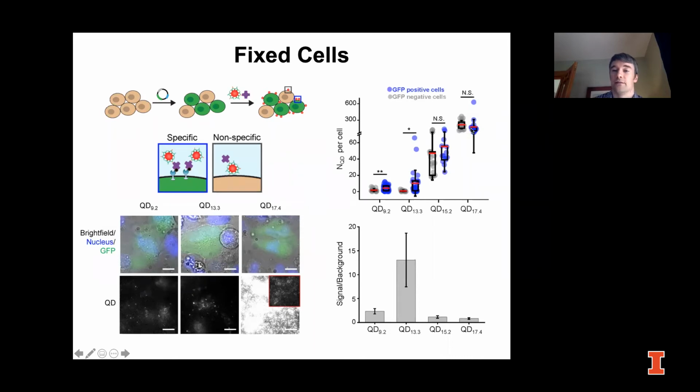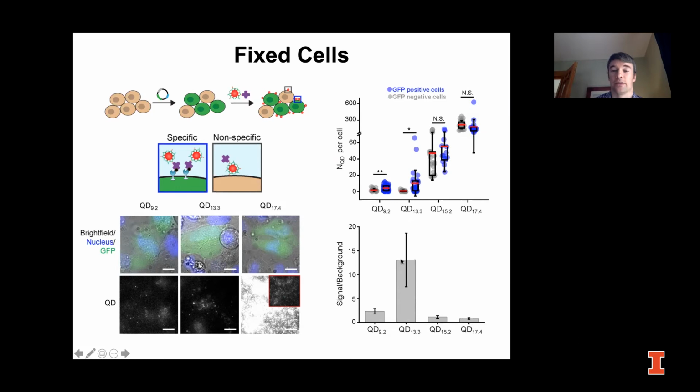And so this specific binding includes non-specific binding. If you divide the two, you get the signal to noise ratio, or the signal to background. And that's what's shown on this bar graph below, that you have very low signal to background ratio for the large sizes, 15 nanometers, 17 nanometers, very high for 13 nanometers.